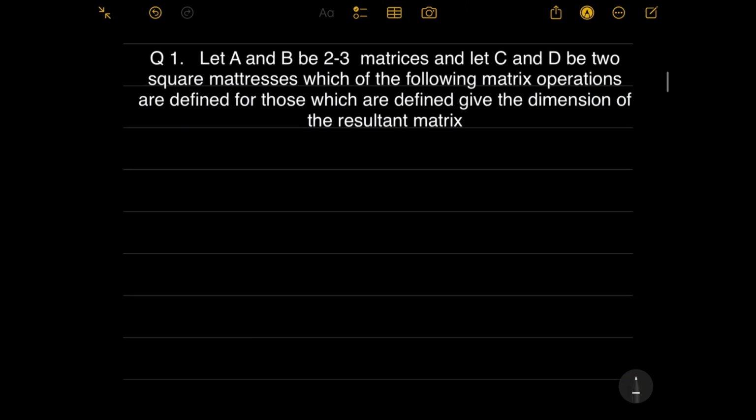Let's start question number 1 of exercise 1.3. Question number 1 says, let A and B be 2 by 3 matrices. So matrix A is a 2 by 3 matrix, and similarly matrix B is also a 2 by 3 matrix.